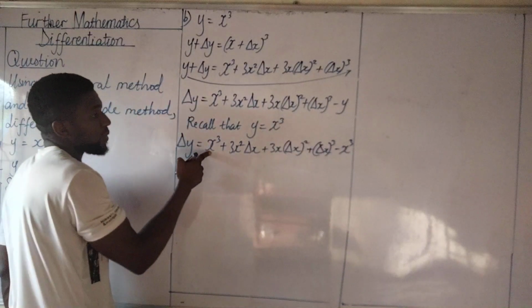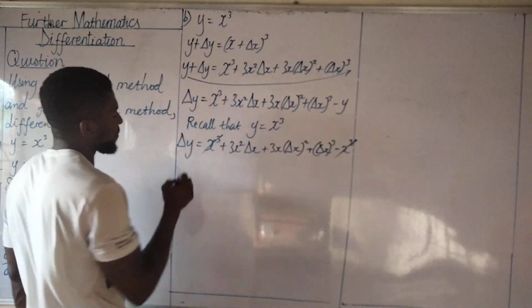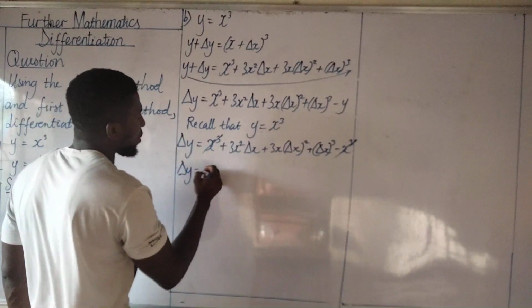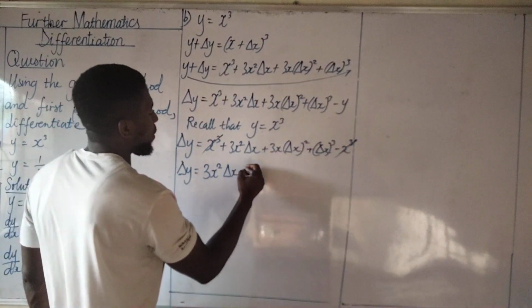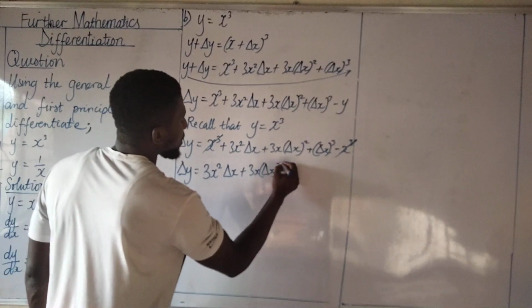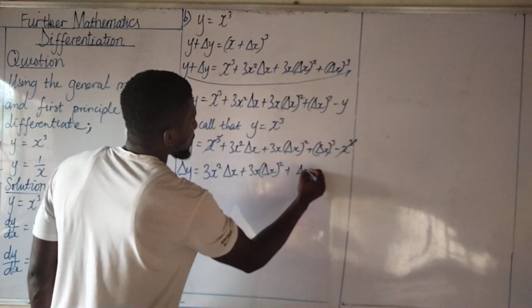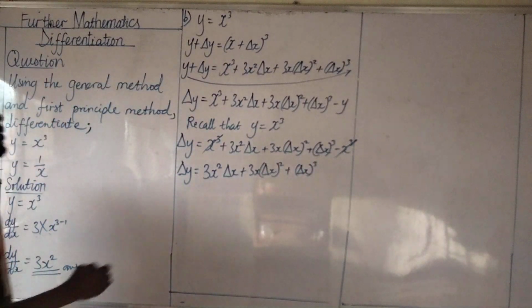So we have x raised to the power 3 minus x raised to the power 3. So both will go away. So we have change in y equal to 3x squared change in x plus 3x change in x all squared plus change in x all cubed. Okay, this is what is left.